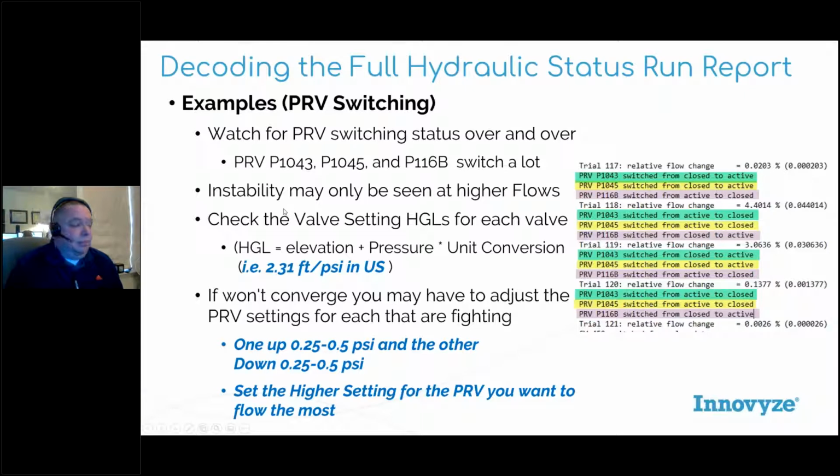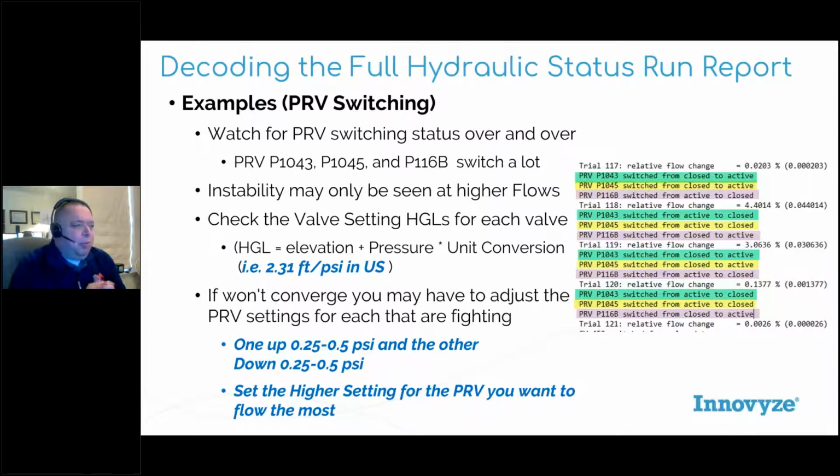Most of the time, 0.25 to 0.5 PSI, making one higher in its setting and the other one lower, is pretty justifiable, but that's often enough. And if you look at which pipes are feeding which PRVs, you can usually tell by design which PRV should probably have the most flow because it's serving the bigger pipe.